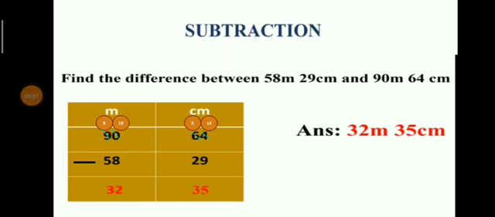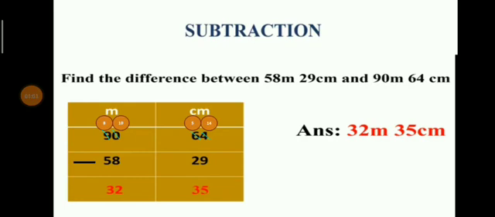We will get 3. So we will write 3. As you can see, students, we got 32 under the meter column. So the difference between 58 meter 29 centimeter and 90 meter 64 centimeter is 32 meter 35 centimeter.